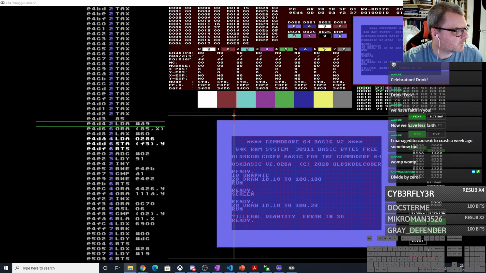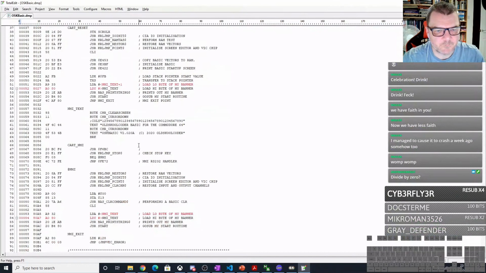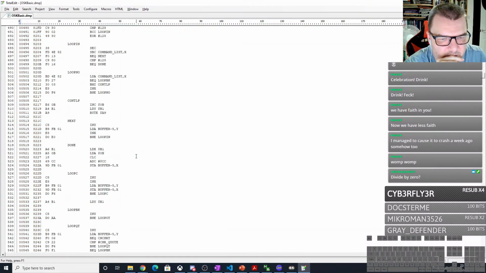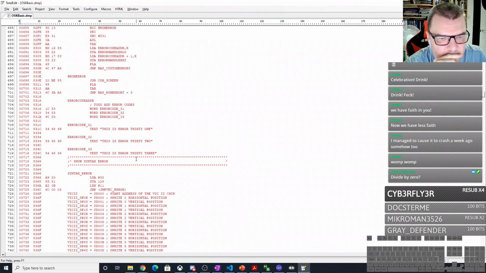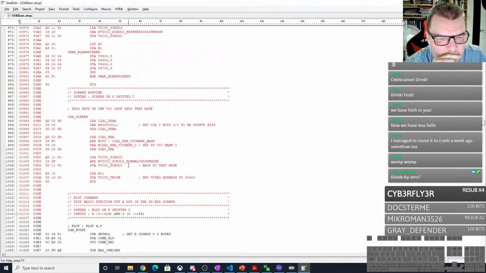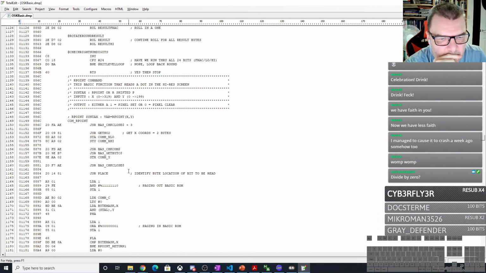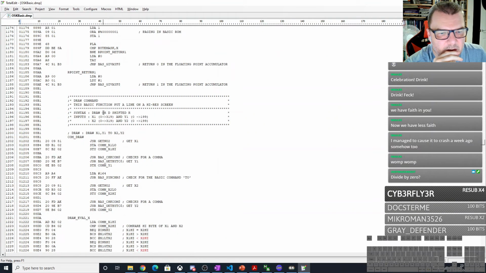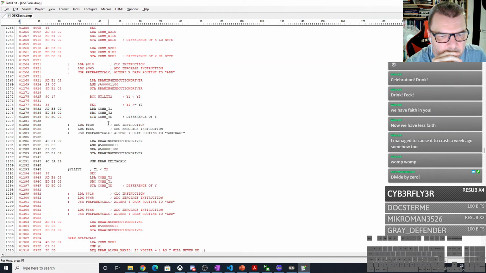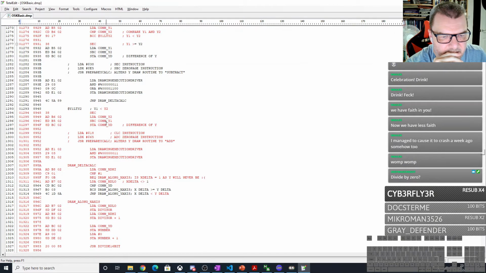Where's the dump? There it is. Right, so where do I want the breakpoint? Let's point. Here we go. Draw X. That's what I want.